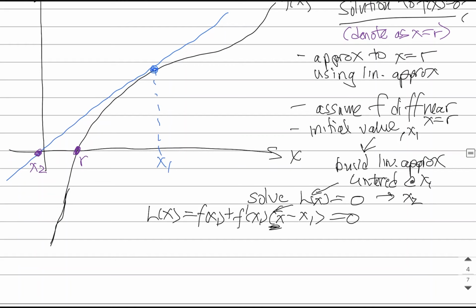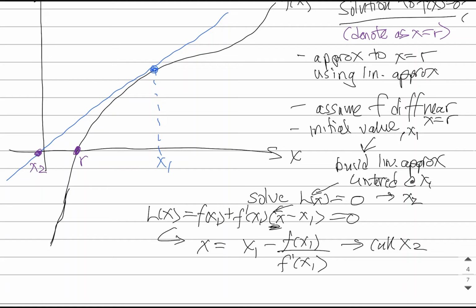So if I were to reorganize everything, I would get that x minus x1 would be negative f of x1 divided by f prime of x1. And then if I were to move the x1 over, I would end up with this: x1 minus all of this. Okay, so that's what the solution would be. And then I would call this x2.